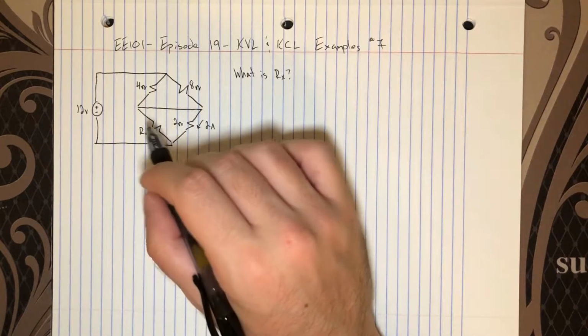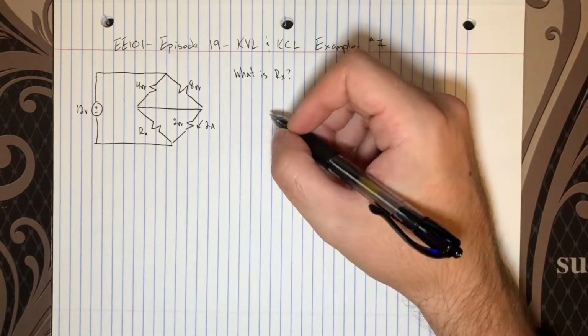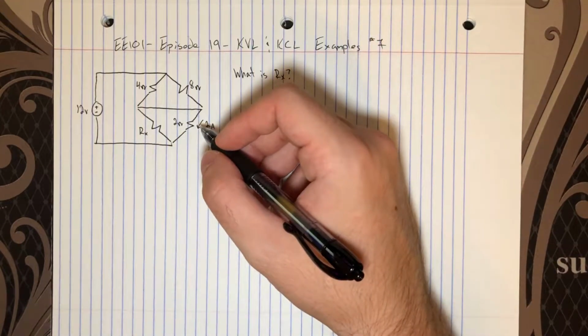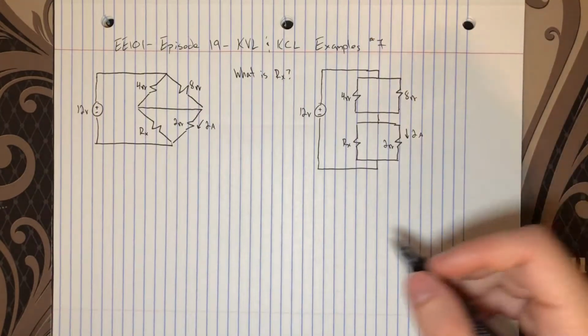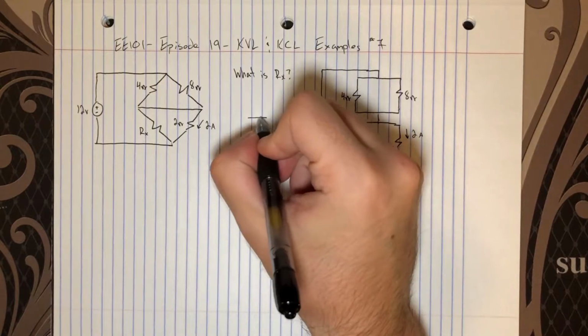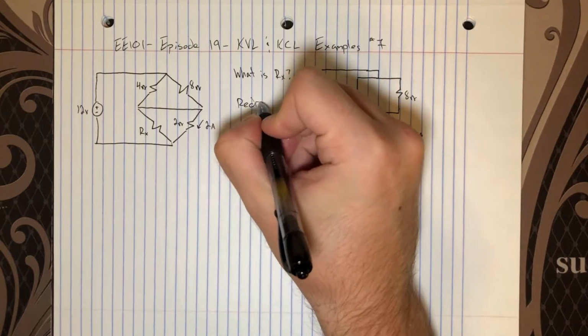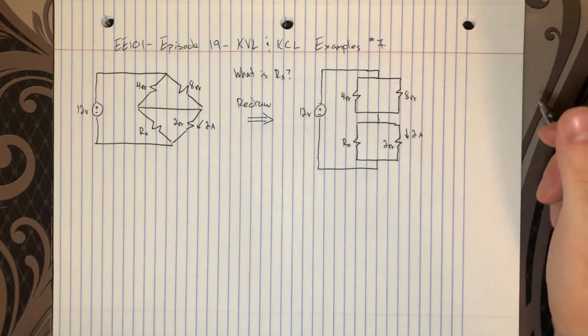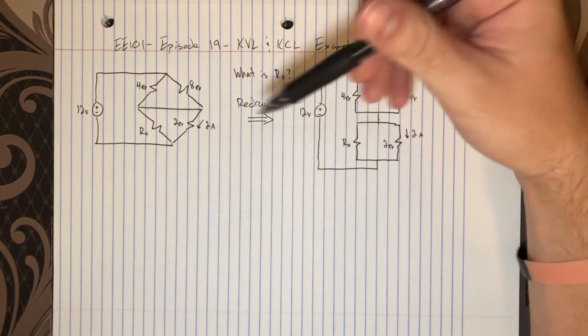I think this is super unclear and just deliberately pesky. So give me a second to redraw this, and then I'll start doing some analysis. Okay, here we go. I've redrawn the circuit here, and this is an identical circuit. It's exactly the same.